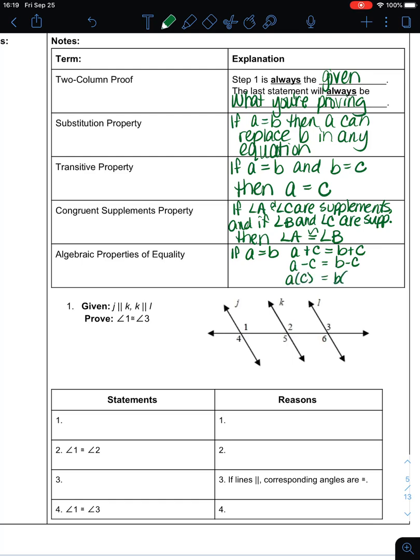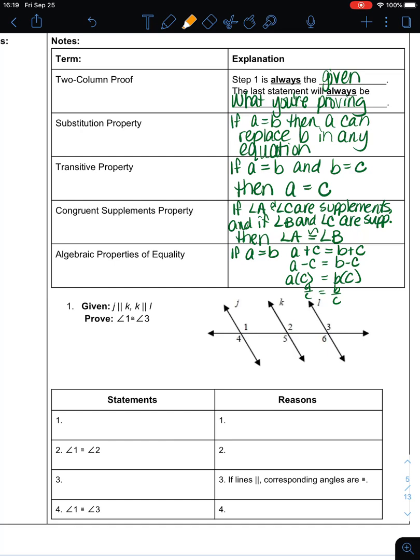If A is equal to B, then A times C is equal to B times C, and the same would be A divided by C is equal to B divided by C. So those would all be the same thing, but basically it's that algebra property of whatever you do to one side, you have to do to the other.